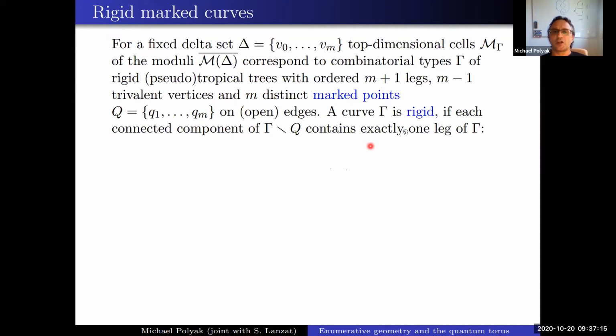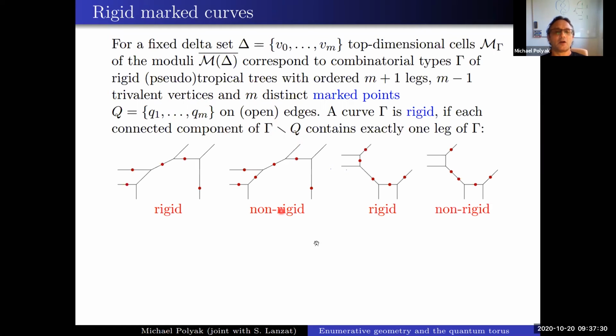Now, such a picture is rigid if each connected component of my tree minus the set of these marked points contains exactly one leg. So here are a few examples so that you will understand how it works. This tree with this set of points is rigid.